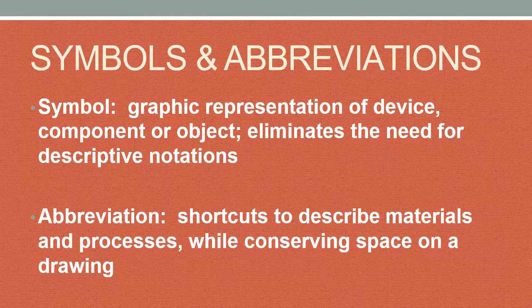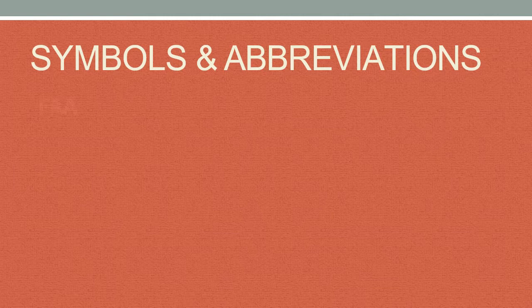An abbreviation is a shortcut. Again, the idea is to conserve space on a drawing. I don't have to spell something out. I don't have to use lots of words. I can use an abbreviation. Another aspect to understand is what's known as initializations.